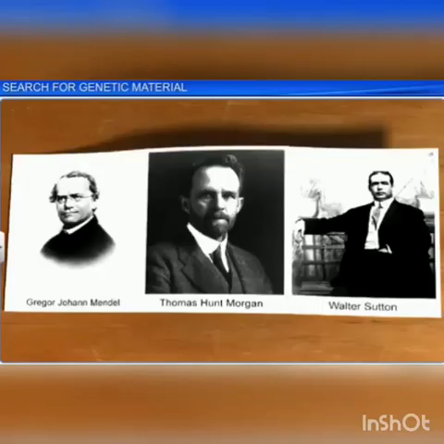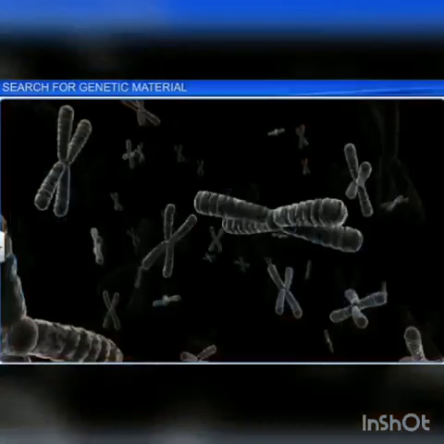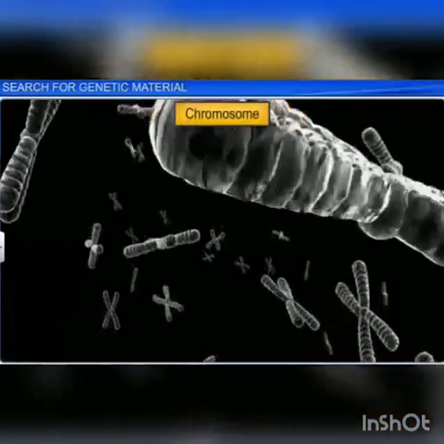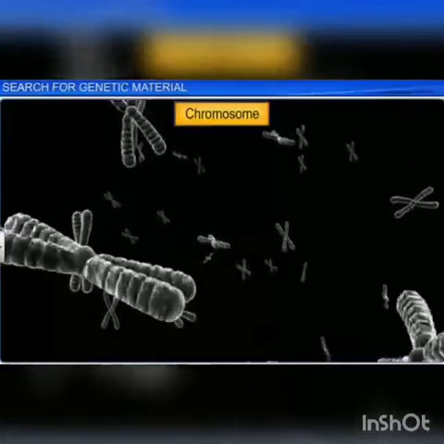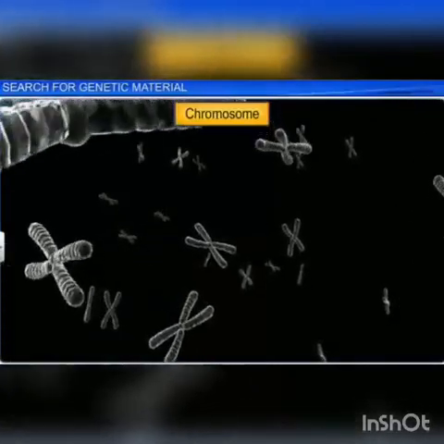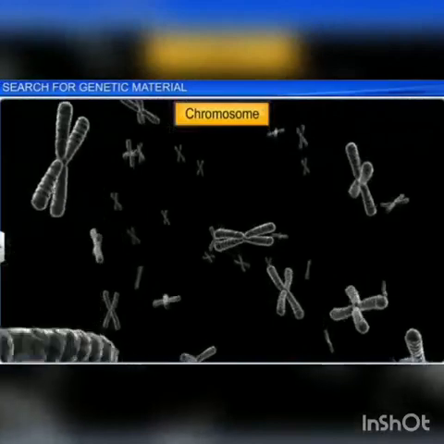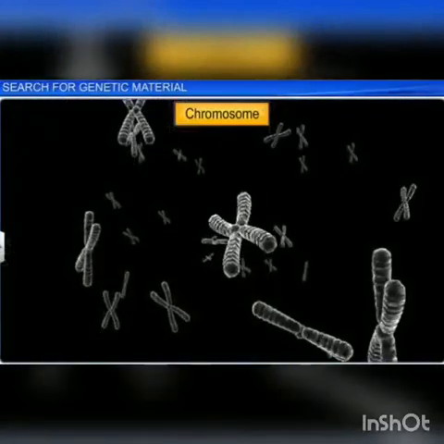Many experiments were conducted to study the actual carriers of genetic information. However, chromosomes in eukaryotes contain several proteins along with DNA, that is deoxyribonucleic acid.